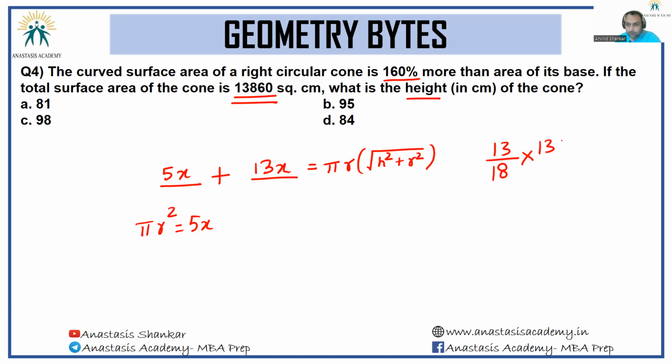13 by 18 into 13860. Cancel, 7, 126, 7, 13 into 770. I don't care for precise value. 13 into 770. And here, pi r square will be equal to how much? 5 into 770.